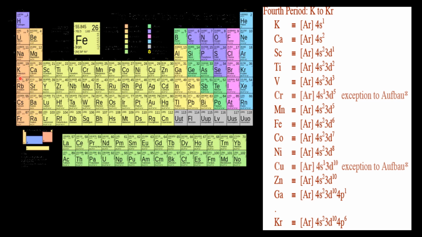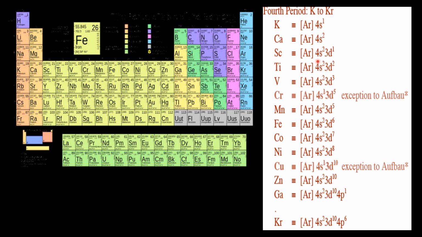So with the fourth period we start filling the electron in the 4s1 orbital. So potassium is argon 4s1, and after that we have calcium with 4s2, and then we come to scandium. Here we start with the transition metals and we start filling the electrons in the 3d orbitals.